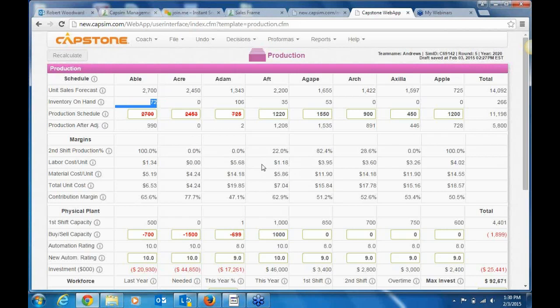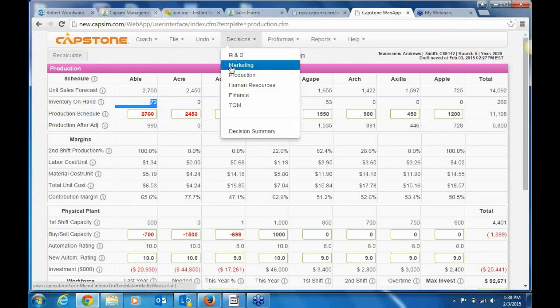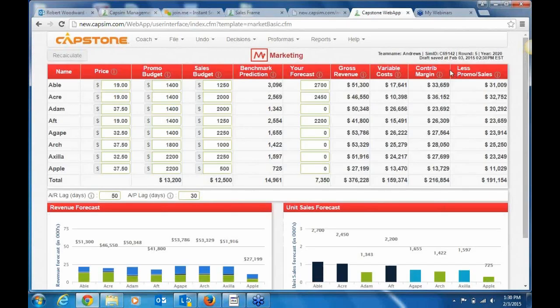One more question, and then we'll close. What is the unit sales forecast based off of? The unit sales forecast is based upon your marketing's assumption of what you're going to sell. Or, as I mentioned earlier, if there is no forecast in place, it's going to use the benchmark prediction. So communicate with them, or even go back to your marketing page and see if there's an actual forecast in there.